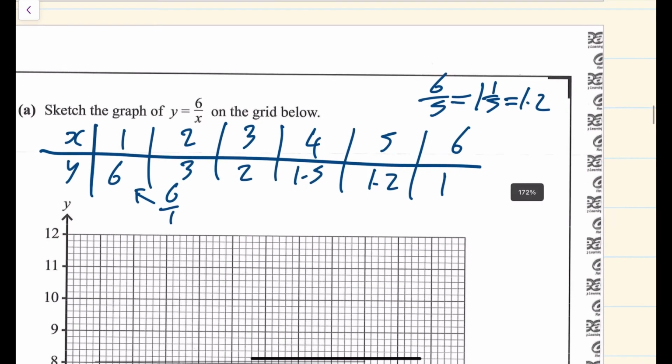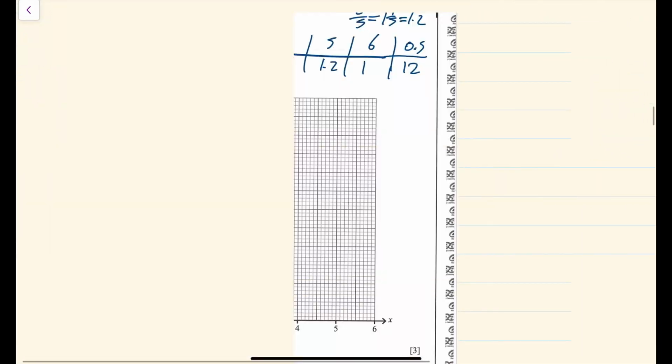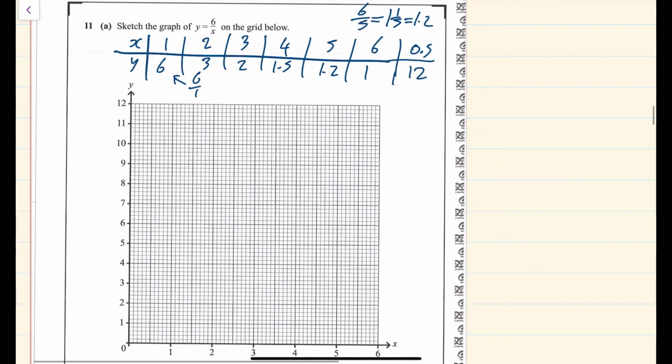Now what I'm also going to do is, no, I've got this out of order. I'll do 0.5. 6 divided by a half would be 12. So I've actually got 7 values to plot. So at a half, I'm at 12. At 1, I'm at 6.